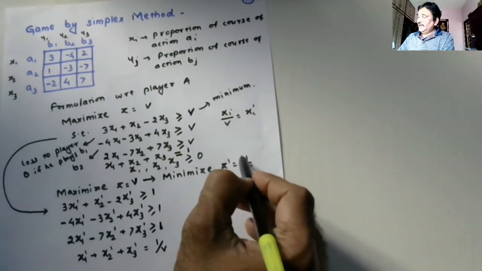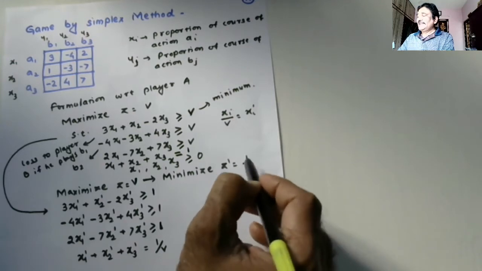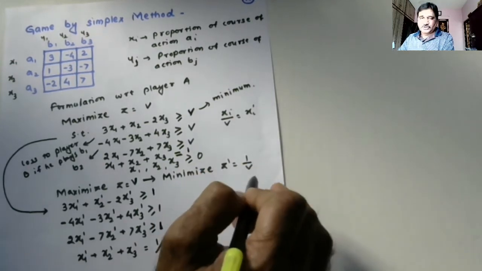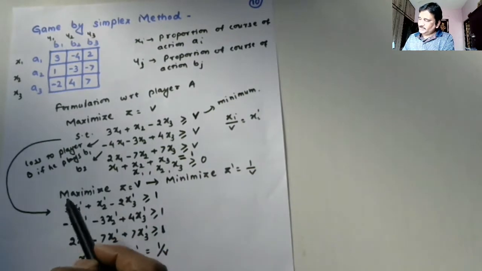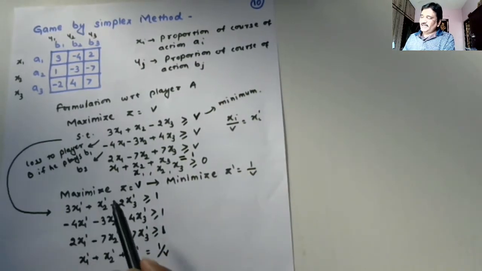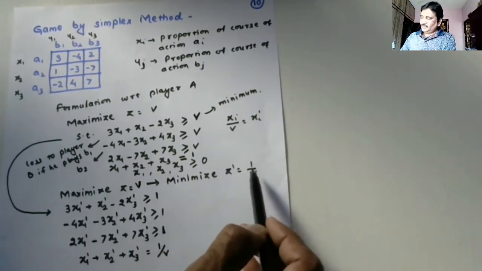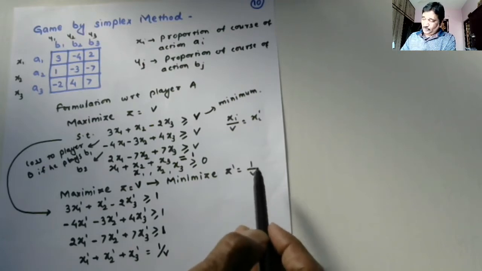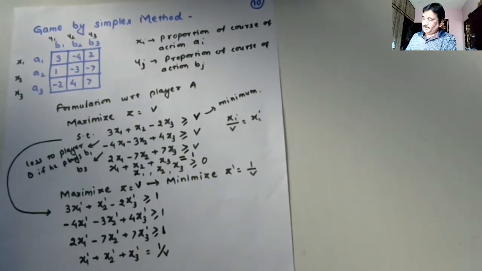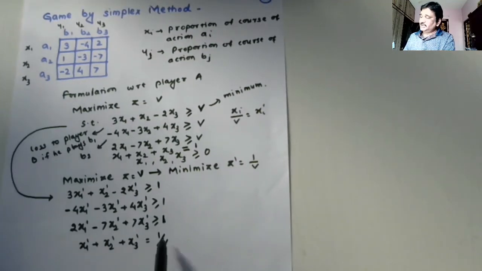One is that I don't have the regular variables of the problem in my objective function. The variables in my problem are x1 dash, x2 dash, x3 dash, but my objective function doesn't contain those variables. And another problem is that there should be a constant on the right hand side, but in the fourth constraint I don't have a constant, that is 1 by v. All right, so now what to do?